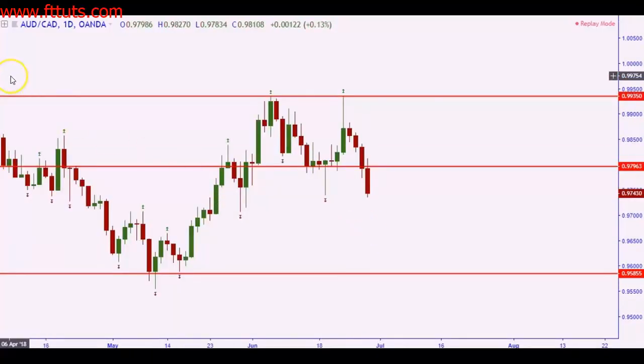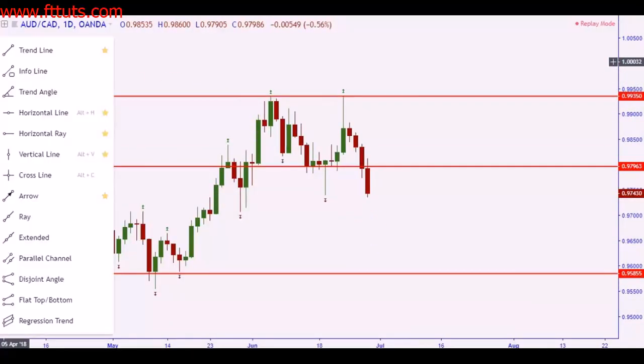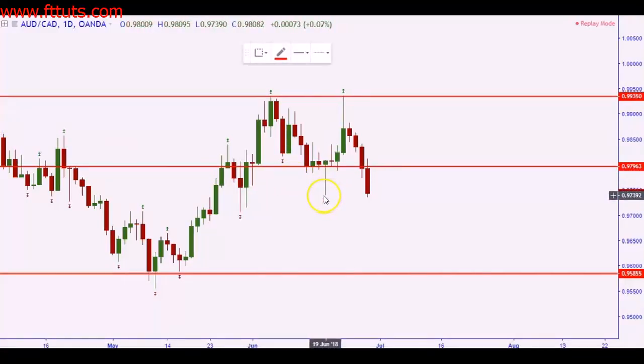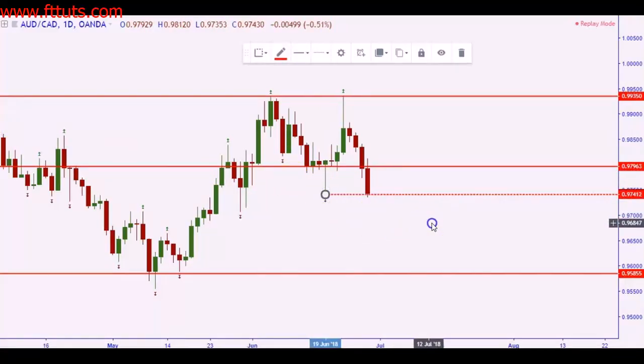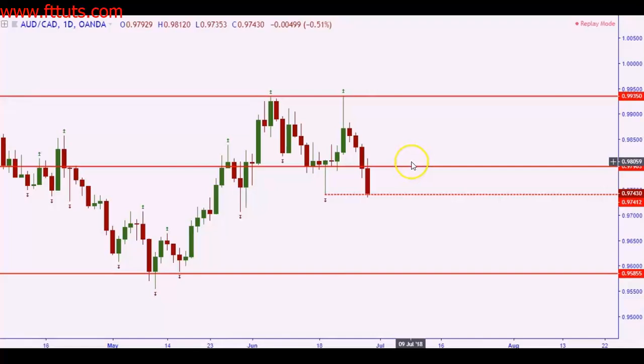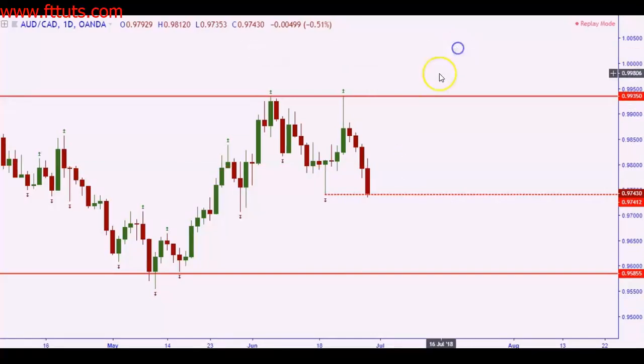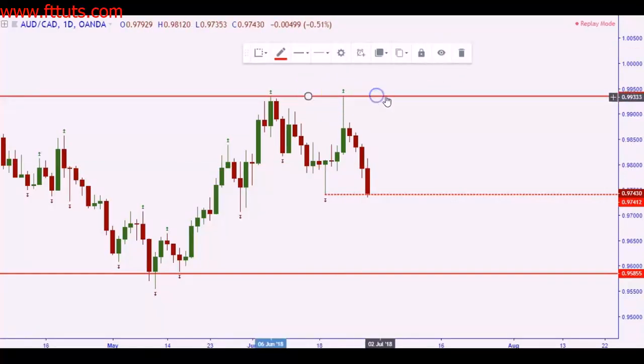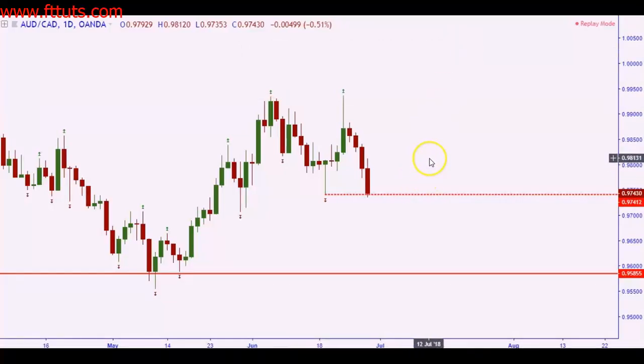So I would mark this an aggressive entry here, and I would be in the trade right now. All right, so I know we're not ranging, and then I can keep this for support and resistance. I would keep that on my chart for support and resistance. I know we're not ranging, all right, because we came down to this level.